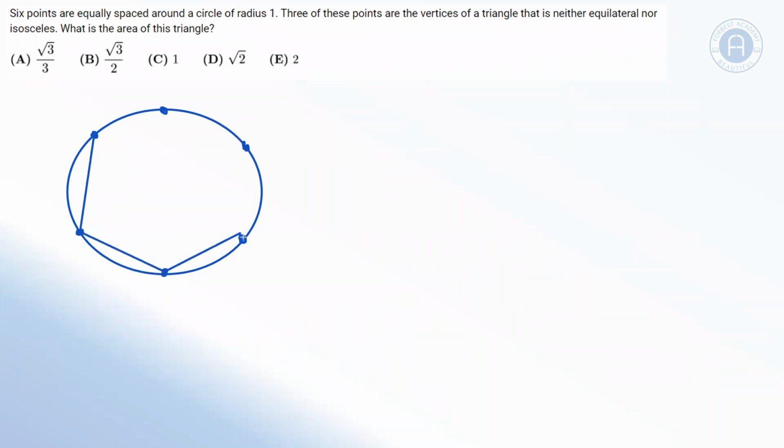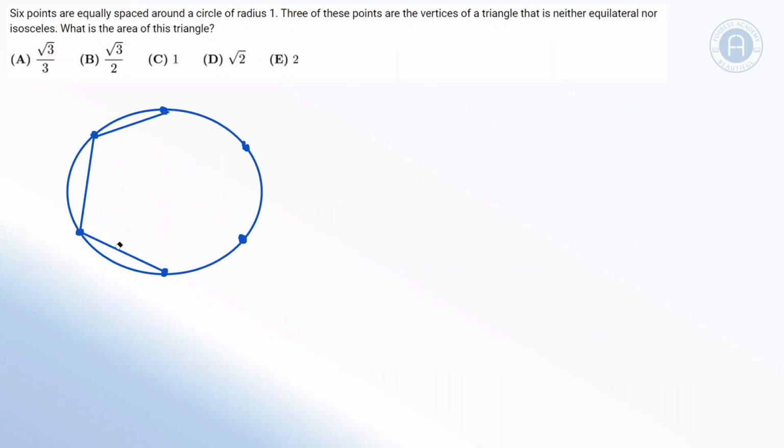If we joined all of these points up, we would get a hexagon. And as we know from some of our previous videos, a hexagon is made up of 6 equilateral triangles. So that gives us a nice bit of information going forward on what our triangles are going to look like.